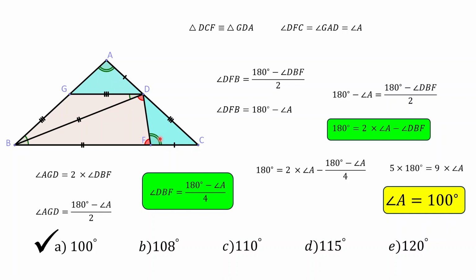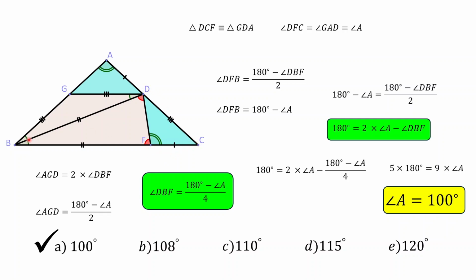We have the bisector theorem, which says that the ratio of AD to DC, where this is the bisector, is equal to the ratio of AB to BC. The ratio of AB to BC is actually equal, because AD is equal to FC, to the ratio of FC to DC.